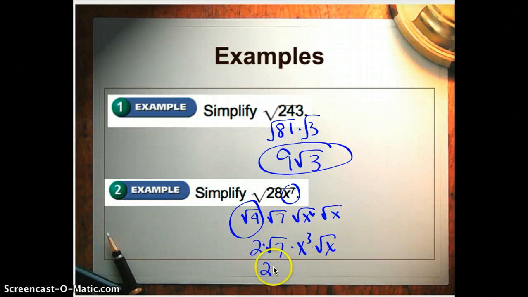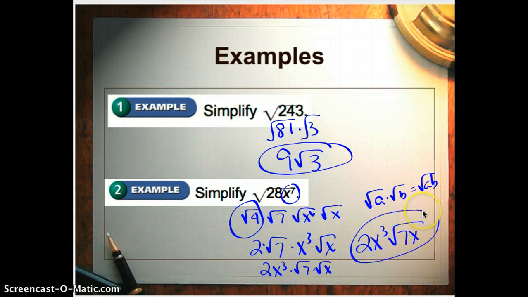I'm going to put 2x cubed all at the front times square root of 7 times square root of x. And hopefully you recall from the beginning, square root of a times square root of b just equals the square root of ab. So we could call that just the square root of 7x. My final simplified form would be 2x cubed times square root of 7x.